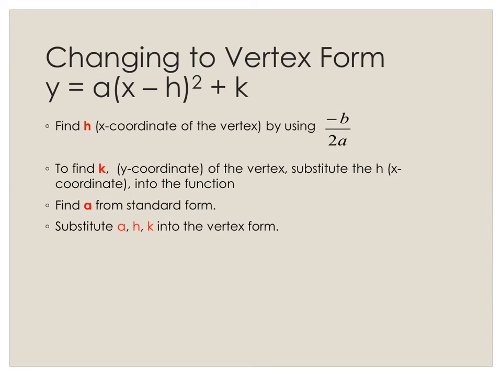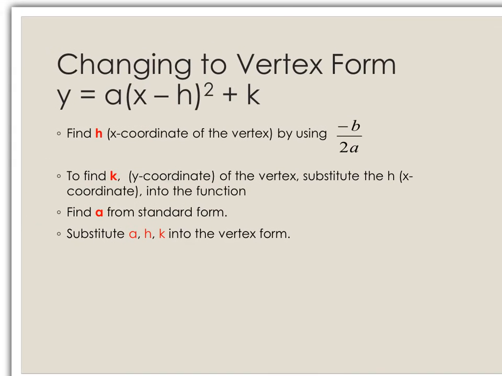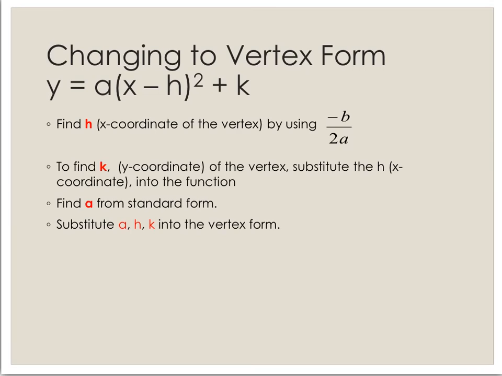Next, we will change an equation that is in standard form to vertex form. So we're going to look at y equals 2x squared minus 4x minus 3, which is in standard form, and we're going to change that to vertex form.